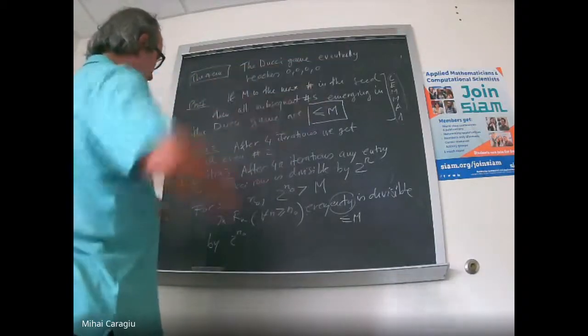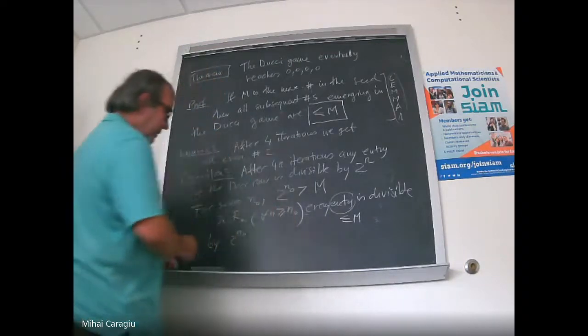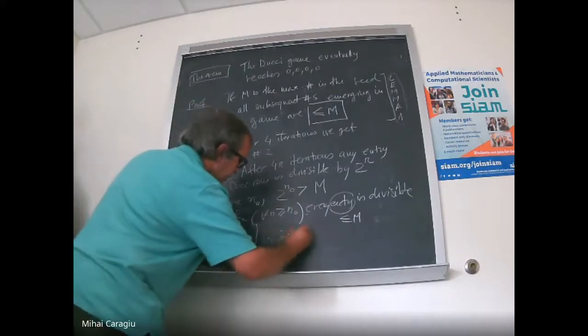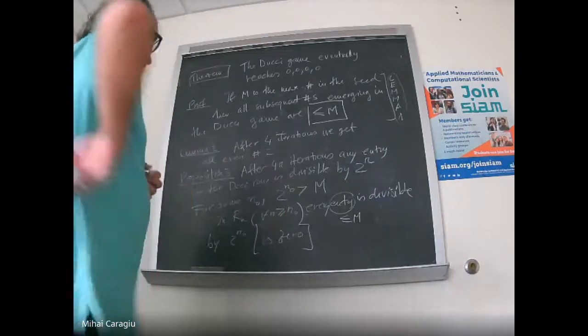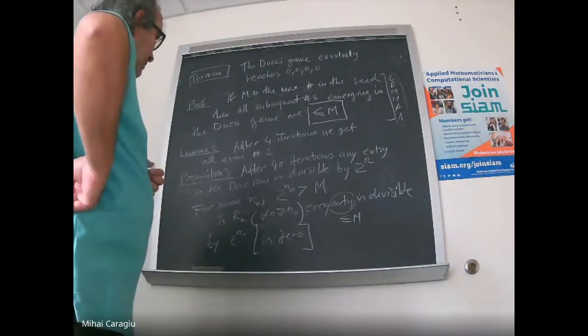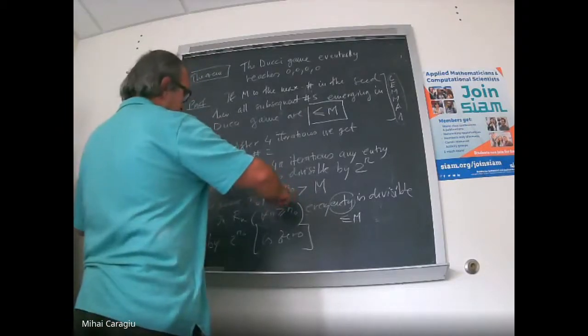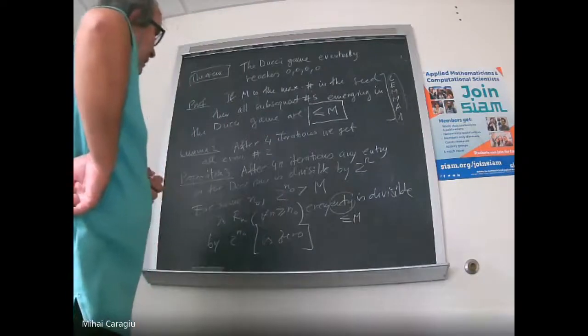So let's put everything together. In row n, for every n greater than or equal to n0, every entry is 0. So once we iterate the Ducci game, after n0 iterations, where n0 is the first number which makes 2 to the power n0 greater than n, all the entries are 0.